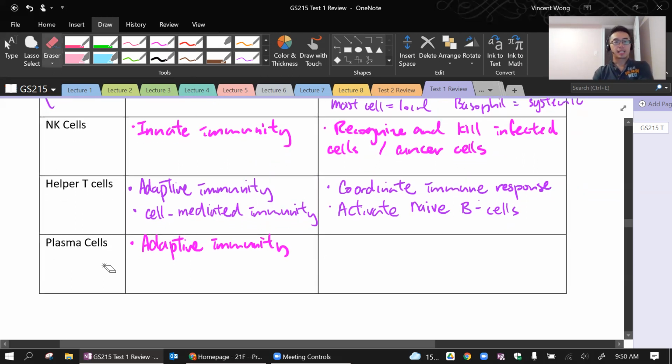Okay, plasma cells, they're part of adaptive immunity. And instead of cell-mediated immunity, they are humoral immunity. Okay. And what they do is they mass produce antibodies.